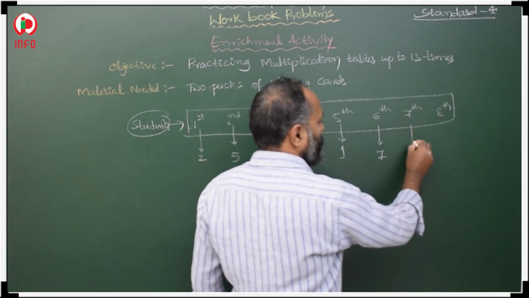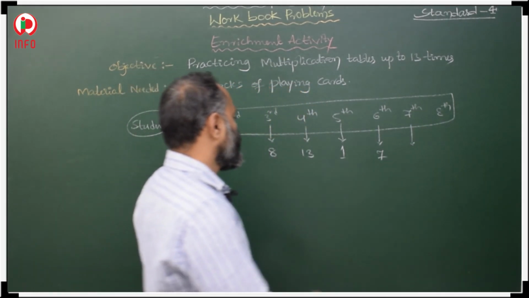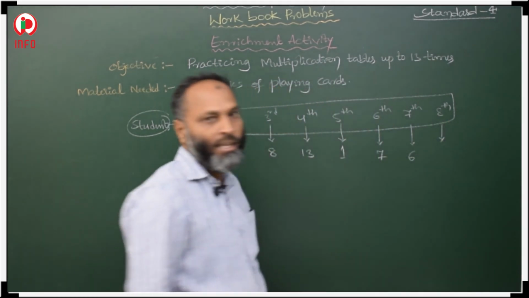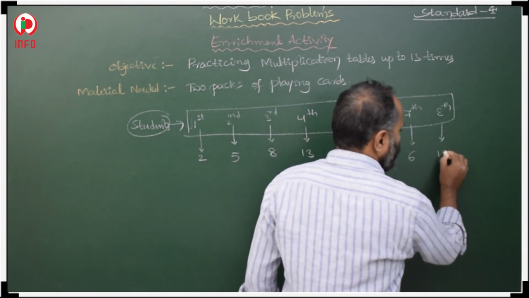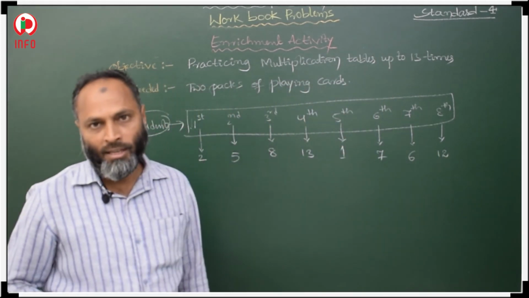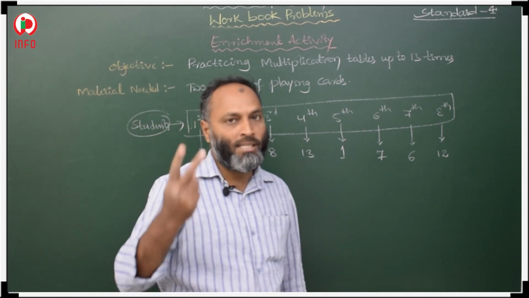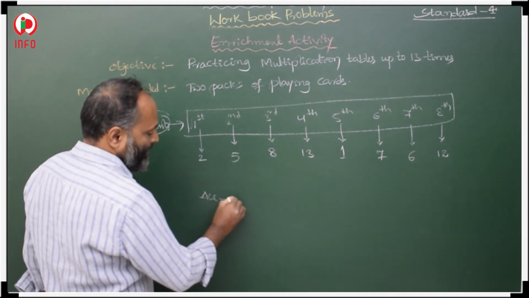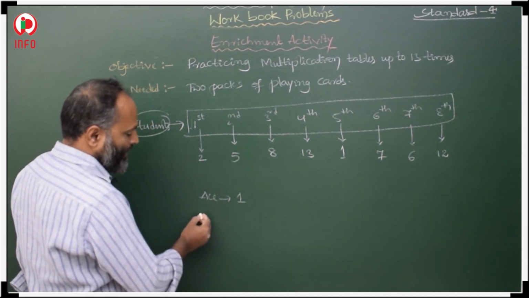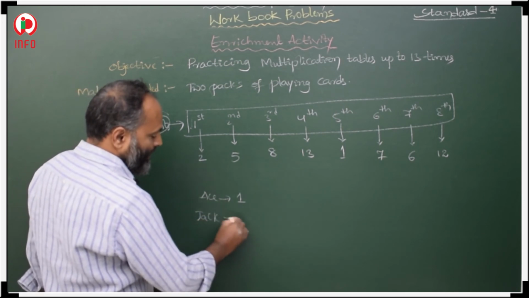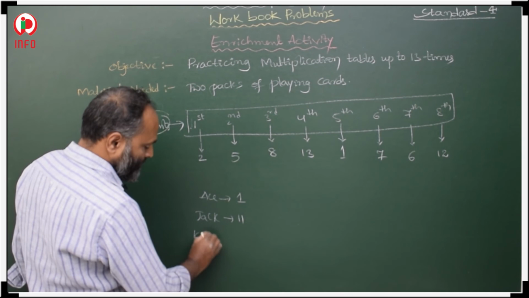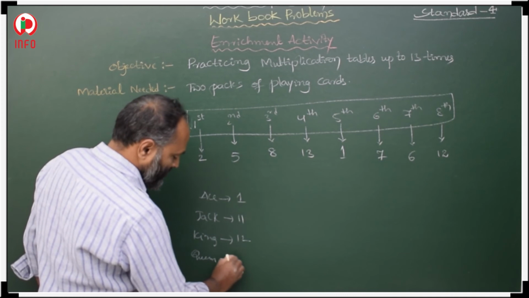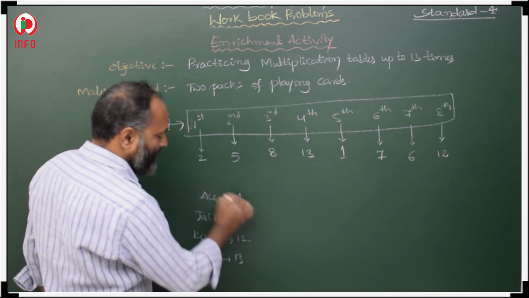The seventh student picked the number 6 card, and the eighth picked king. King is 12, queen is 13, ace is 1 and jack is 11. So these are the card numbers.